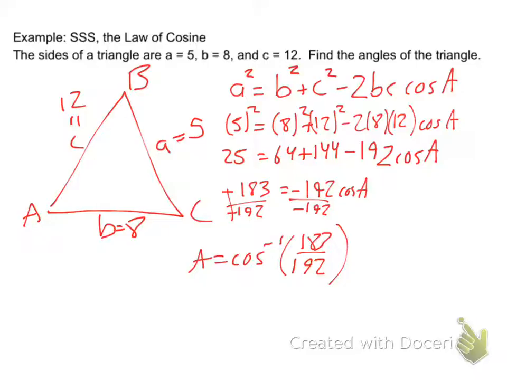We'll know this should work because why? What's 183 divided by 192? It's less than 1. It can't be above 1. Make sure you're in degrees. What is it? 17.5, 17.6.